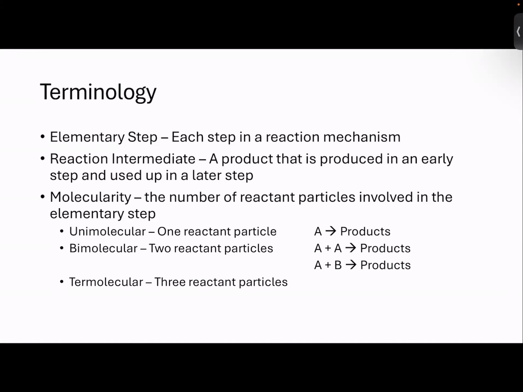If it's bimolecular, it's going to be two reactant particles. You could have two of the same particle, or you could have different particles. What do these molecularities mean? Well, if you have a unimolecular step, it means that something has to happen to one reactant molecule.